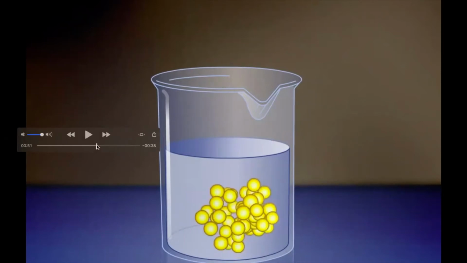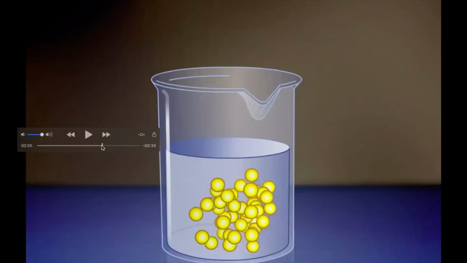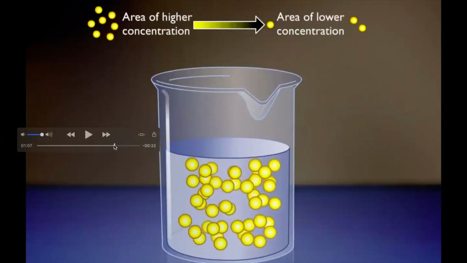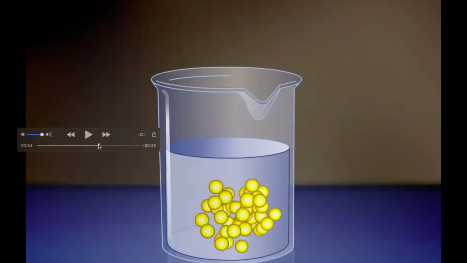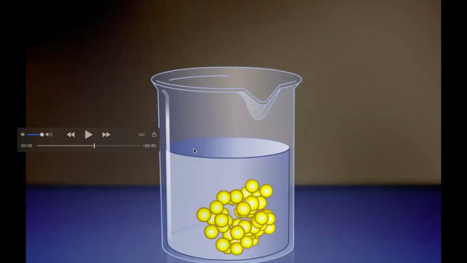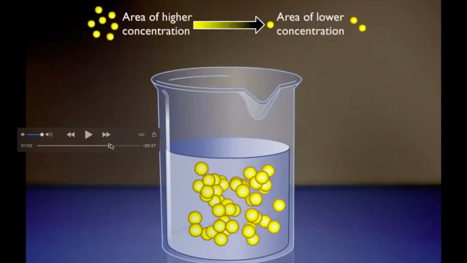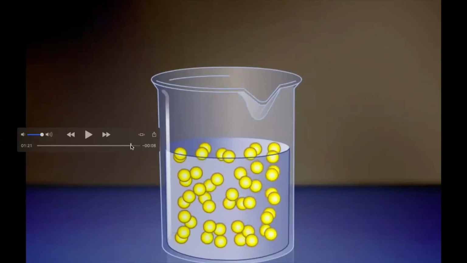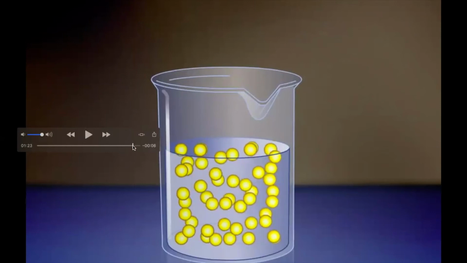So just by those natural laws of physics, these things are going to naturally spread out evenly from an area of high concentration to an area of low concentration up here. They'll spread out until everything is evenly distributed and nature is happy.